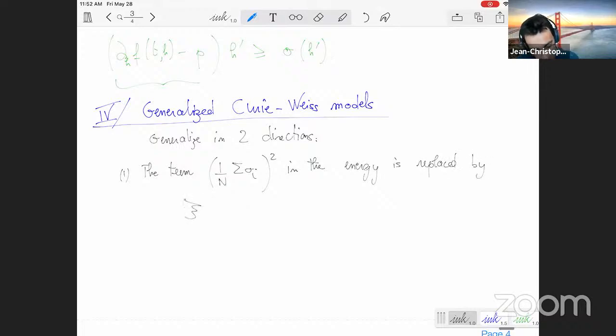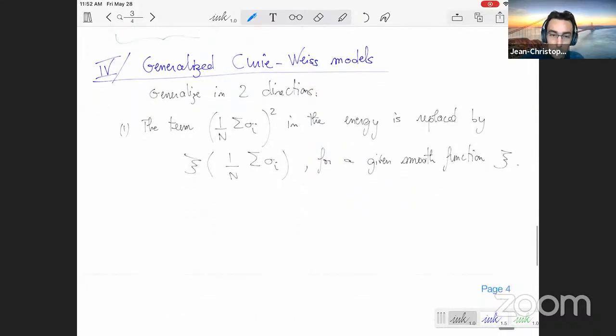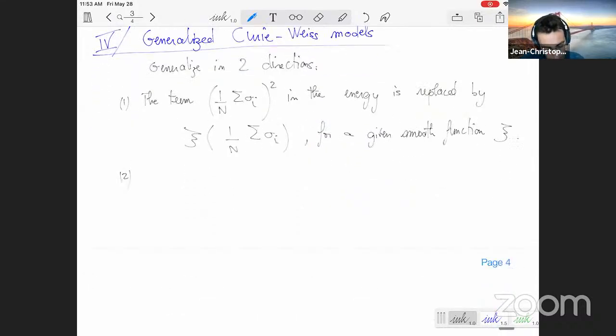So let's say psi of 1 over n sum of sigma i, for a given smooth function psi. That's the first bit.